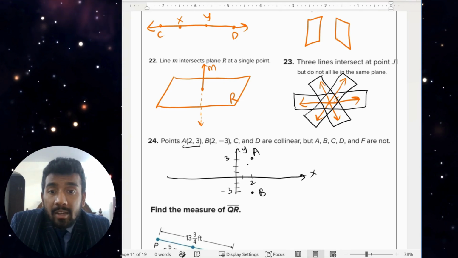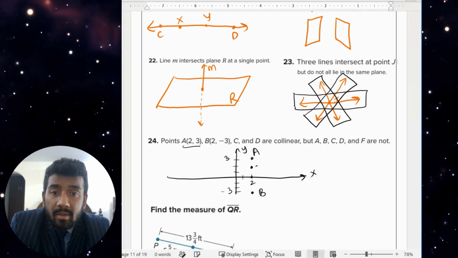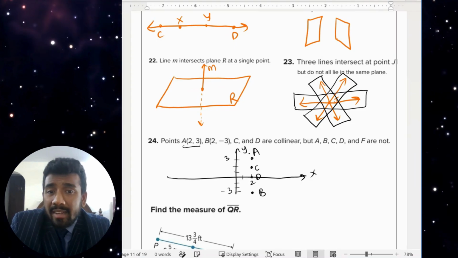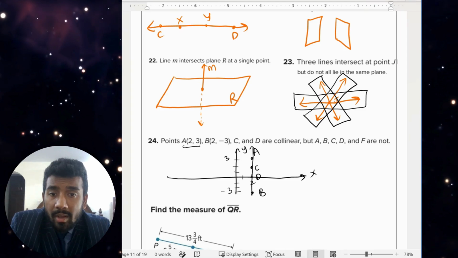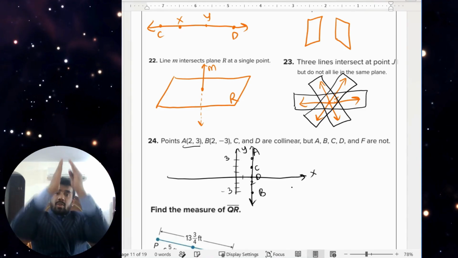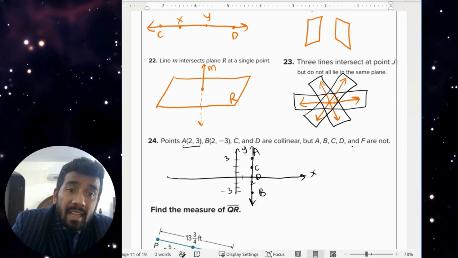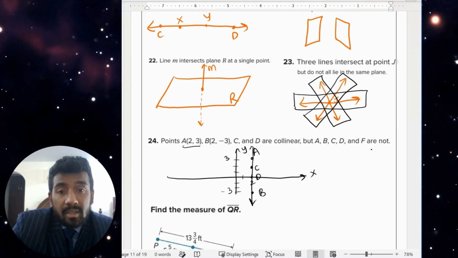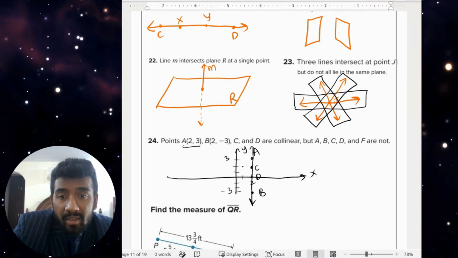And C and D are collinear, meaning let C be here and D be here. They didn't say where, so I'll take it over here. What do you mean by collinear? It means they lie on one line. So they all lie on one line. But A, B, C, D, and F are not collinear. Where will F be? Take point F somewhere here. Let it be here.